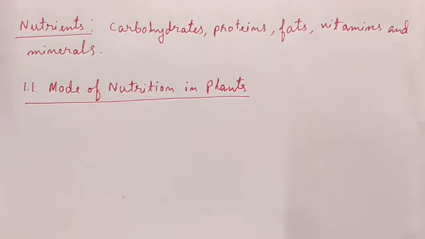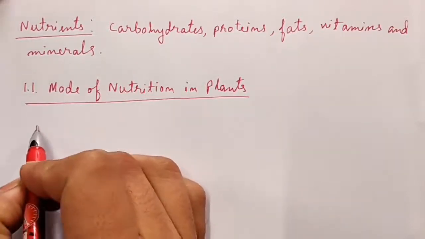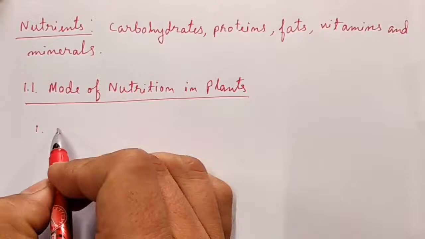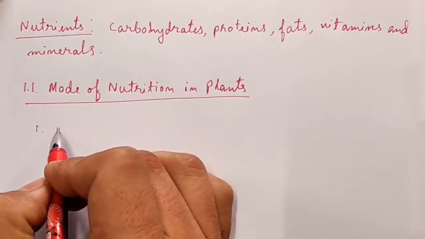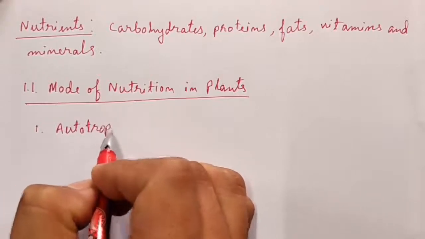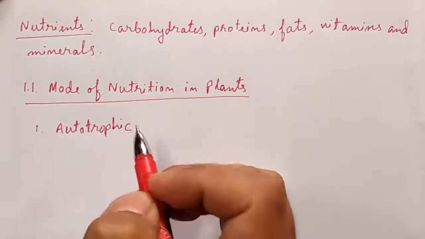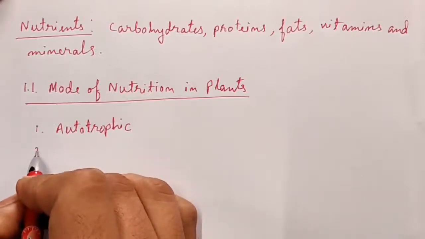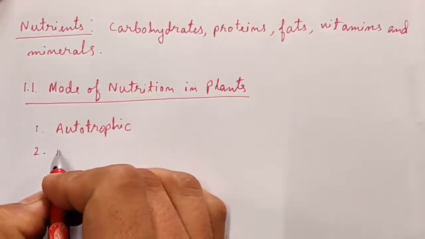That is how the food is taken by the organism. So according to the nutrition, we have two types of nutrition. The first one is autotrophic, and the second one is heterotrophic.